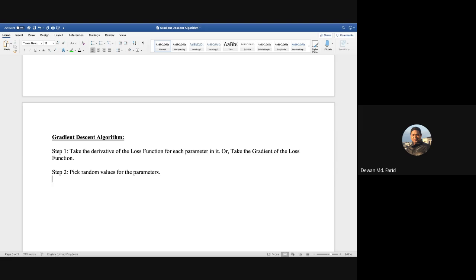Step 3, plug the parameter values into the derivatives.